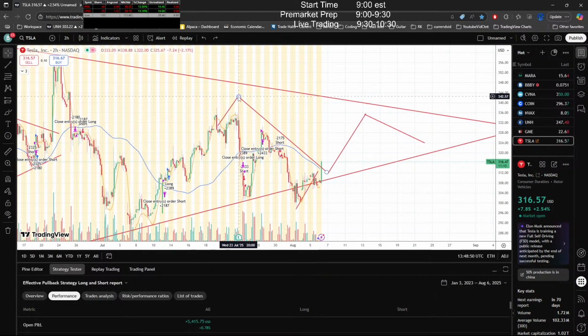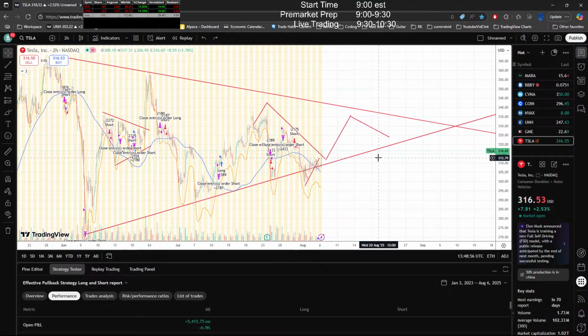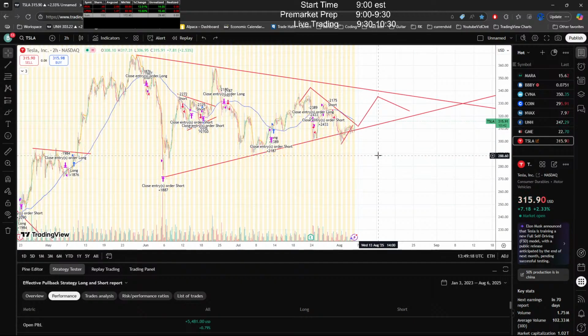The prediction, of course, is it's in a wedge, so we expect it to stay in the wedge until proven otherwise. Which it really tested here.